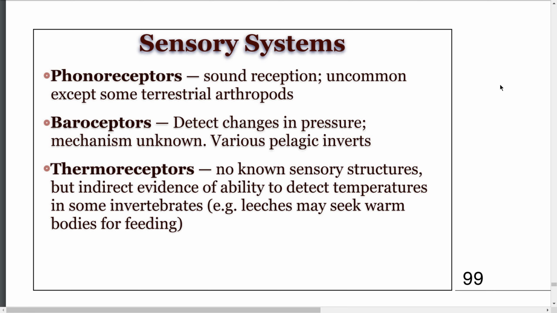Not only can they detect changes overall, but they can detect to some extent the direction they're coming from. Once again, we don't know how they do that. In vertebrates, thermoreceptors appear to be just bare nerves. They don't seem to be associated with any specific structure, and that's probably the case with invertebrates as well. There's some specialized nerve that doesn't necessarily look particularly different from any other nerve.